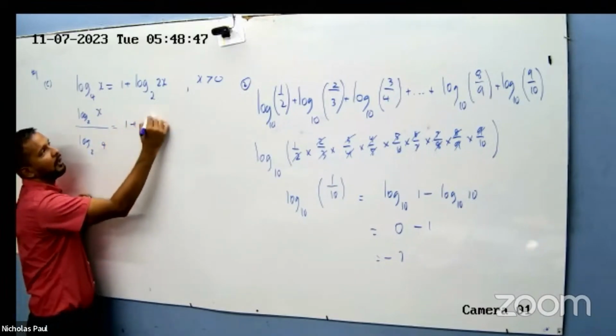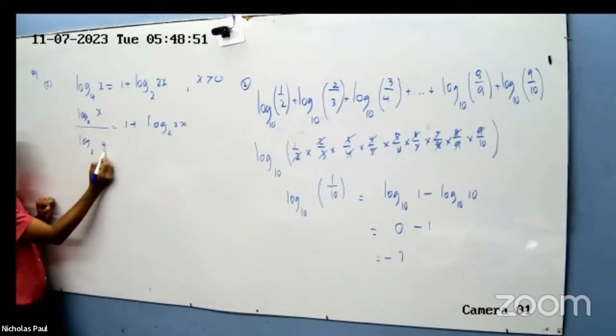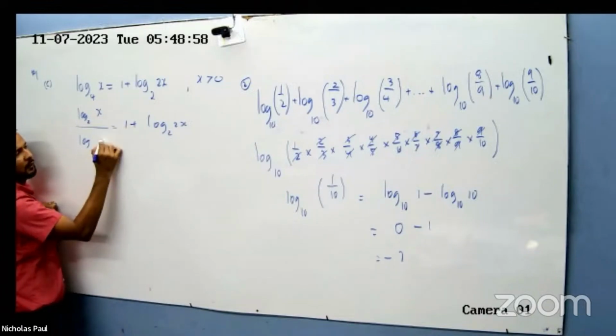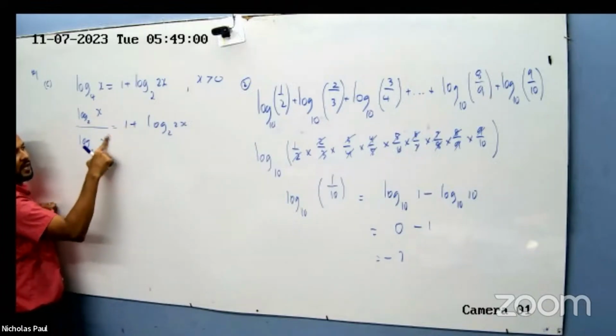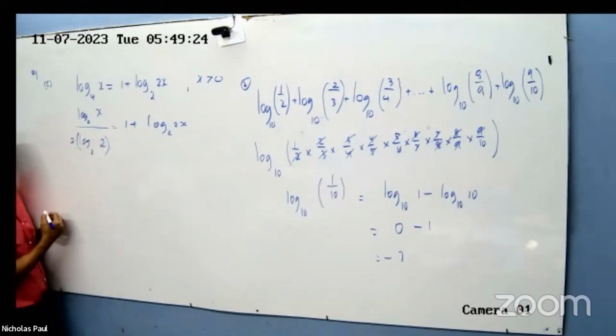Simplify it out. 1 plus log 2 2x. What is log 2 to the power of what is log 4 2? 2, right? Because 4 is what? 4 is 2 squared, and I can take the 2 and bring it to here. Right?